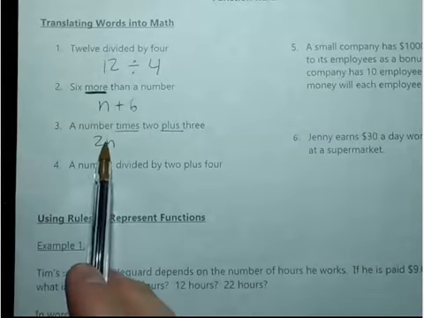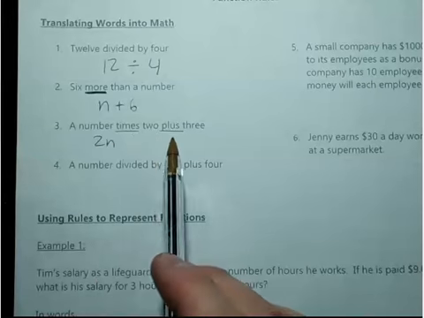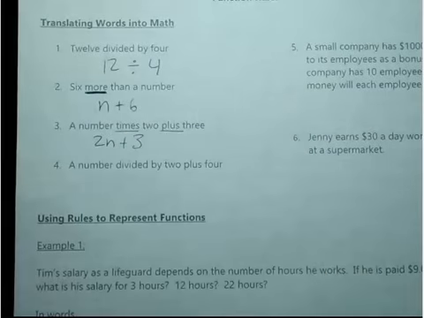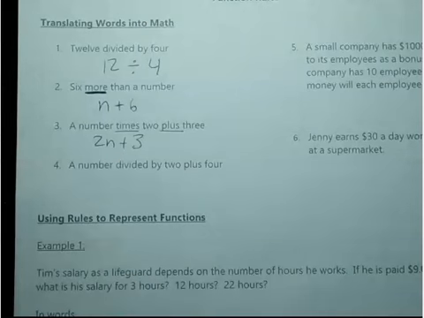So this 2n is the same thing as saying some number times 2, and the second part of it is plus 3. So number 3, a number times 2 plus 3, we can translate that to 2n plus 3.